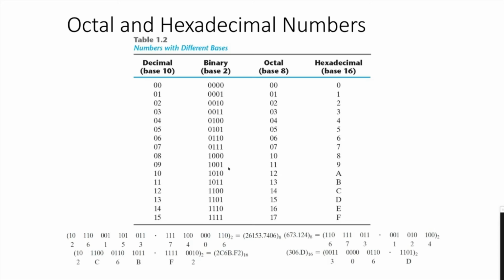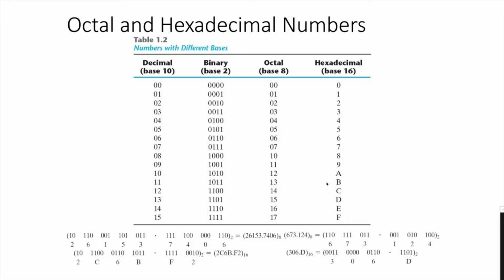So up to this point, we looked at base 2, base 10, base 8, base 16, and the conversions between them. And what we found is, base 2 is because computers work in base 2. Base 8 is a nice grouping, a shorthand notation, a way to group 3 bits to make it easier to view and visualize.